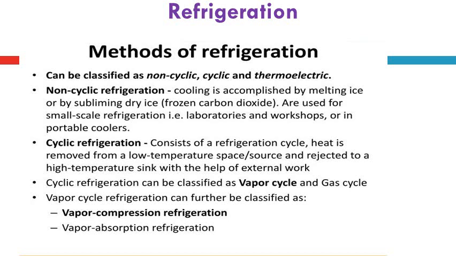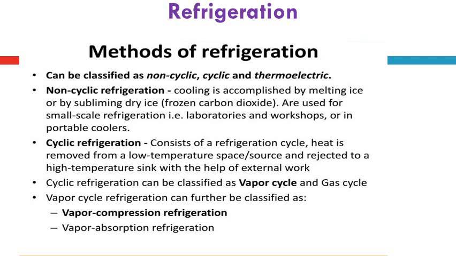Methods of refrigeration. The methods of refrigeration can be classified as non-cyclic, cyclic, and thermoelectrical. The non-cyclic refrigeration cooling is accomplished by melting ice or by subliming dry ice, which means frozen carbon dioxide, which can be used for small-scale refrigeration in laboratories and workshops or portable coolers.